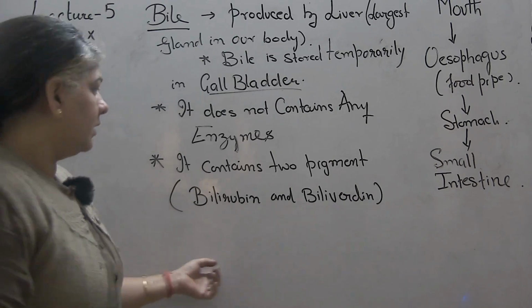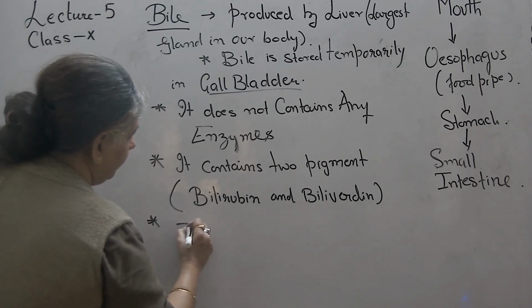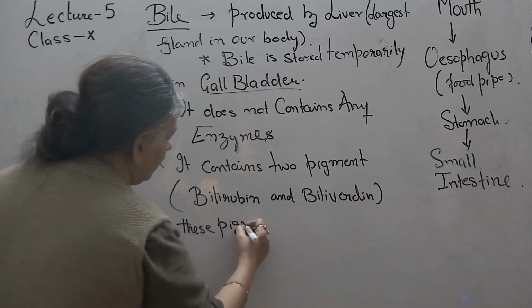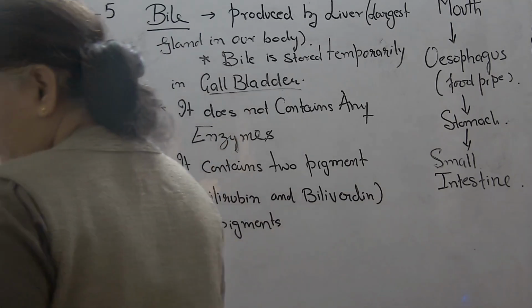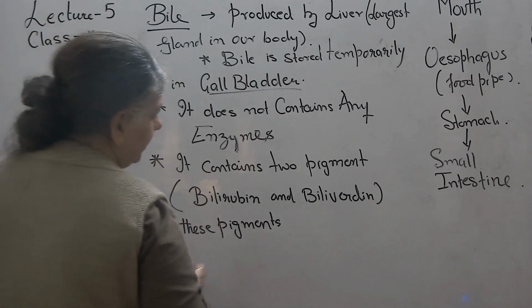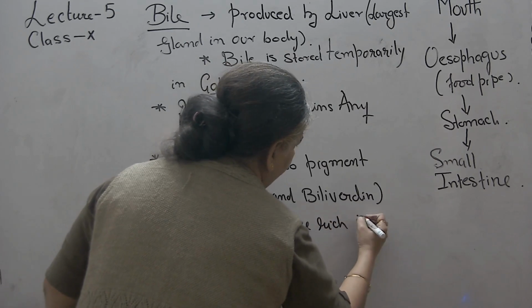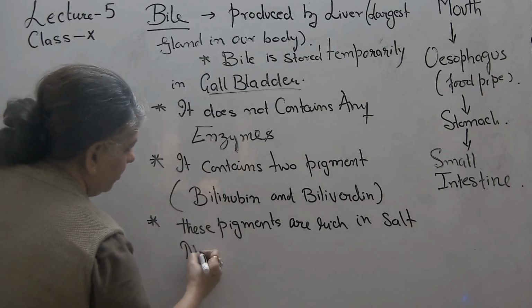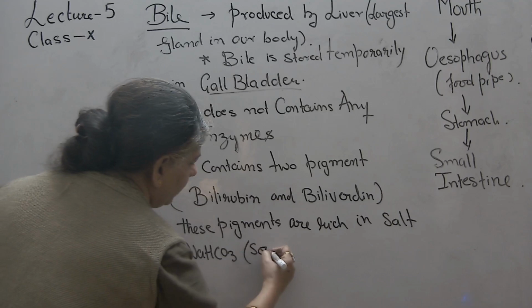So, you can just write bile is rich in salt, sodium hydrogen carbonate, or you can say sodium bicarbonate.